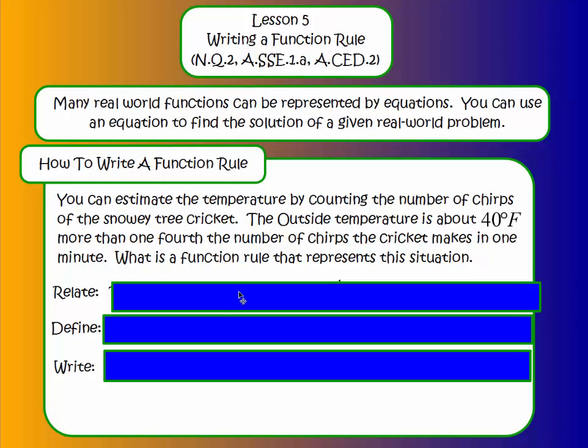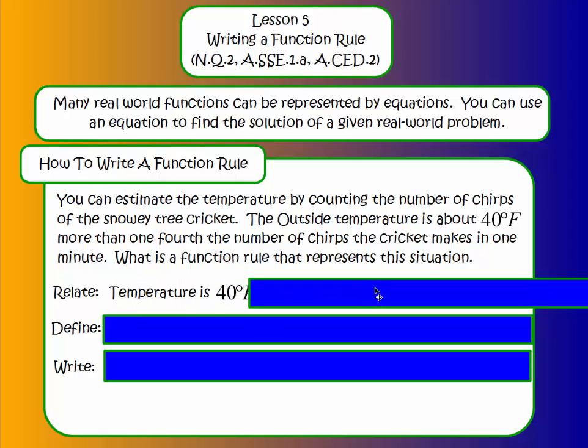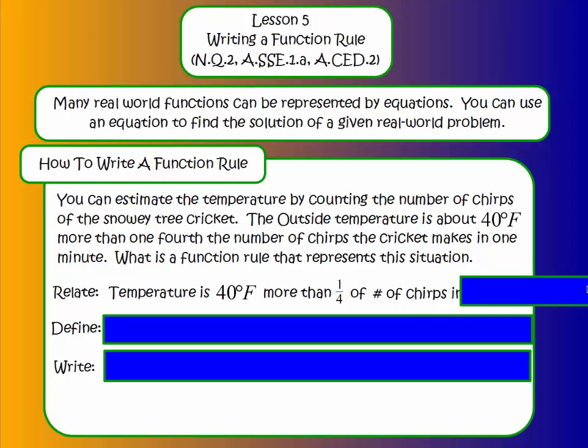So let's see. The temperature is 40 degrees Fahrenheit, more than 1/4 of the chirps in 1 minute. These are the important words here. So, the temperature is 40 degrees Fahrenheit, more than 1/4 of the chirps in 1 minute.